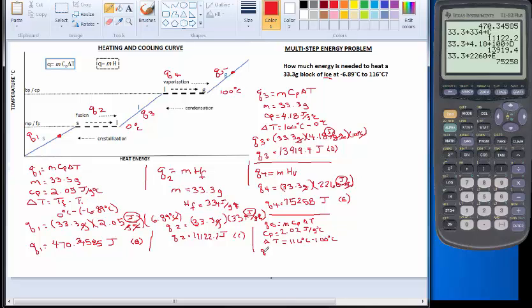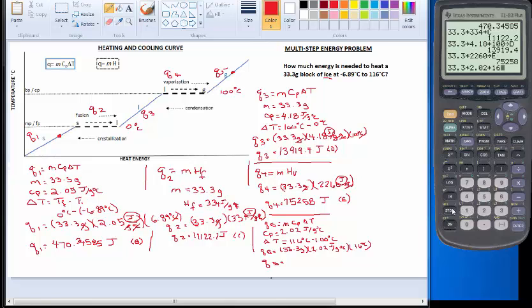We plug this information into our equation. We would say 33.3 grams times 2.02 joules per gram degree Celsius times 116 minus 100 is 16 degrees Celsius. The answer to this equation is 33.3 times 2.02 times 16.